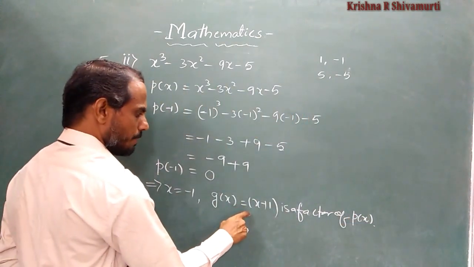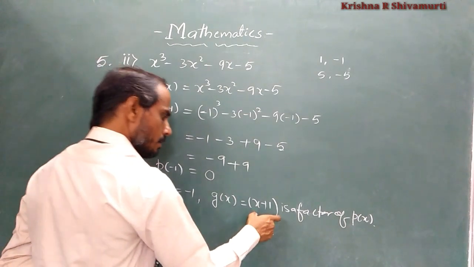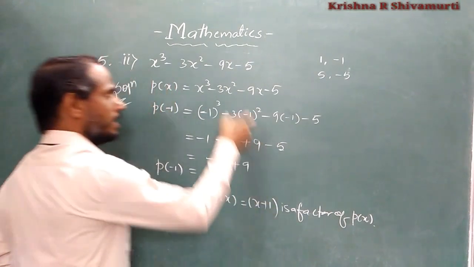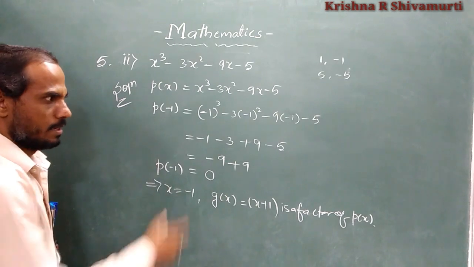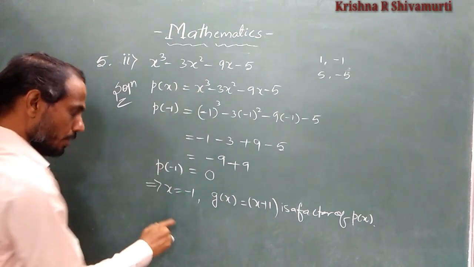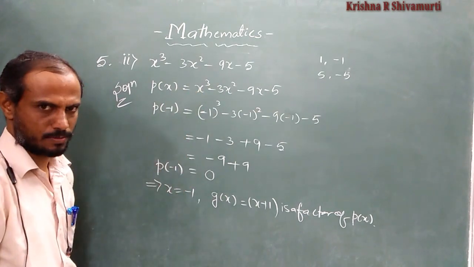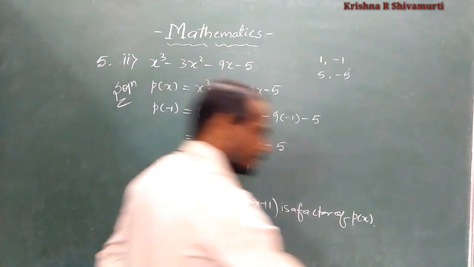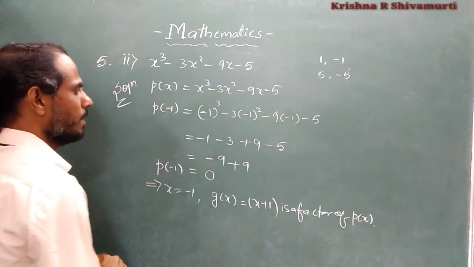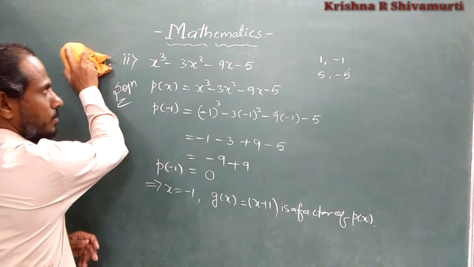If it is a factor of P of x, take this polynomial and divide the given polynomial by it. You will get the remaining factor, as we studied in the previous class.